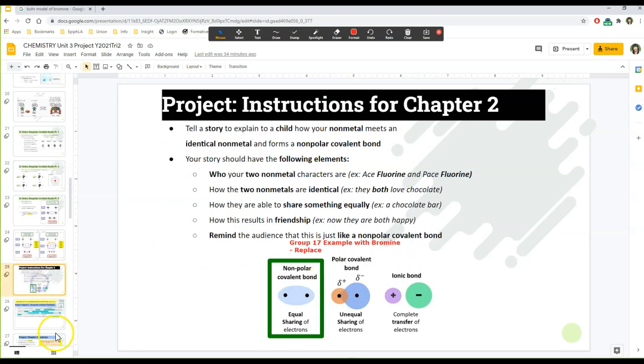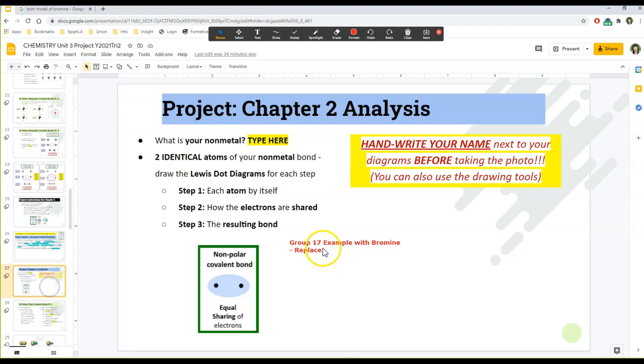So right here, replace with fluorine or chlorine. And then the group 16 example with X, which is not a real element, that's just an example, replace with oxygen or sulfur. And then the group 15 example with Y, you would go ahead and replace with nitrogen or phosphorus.